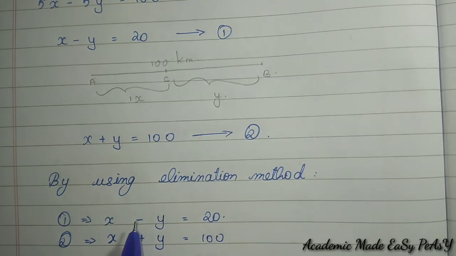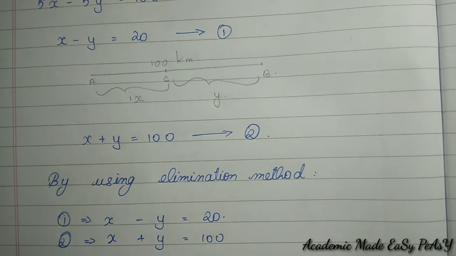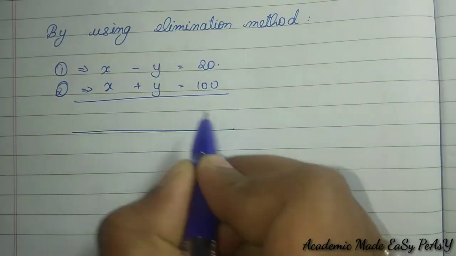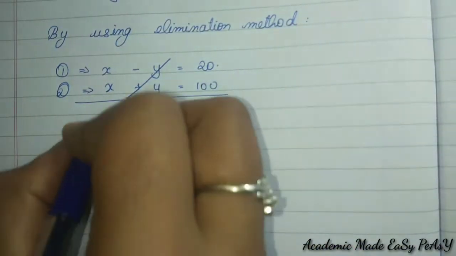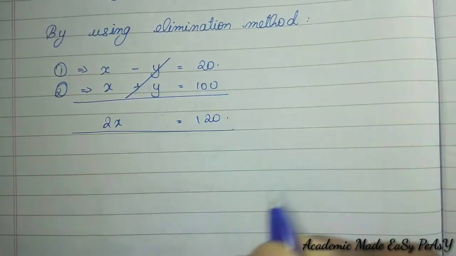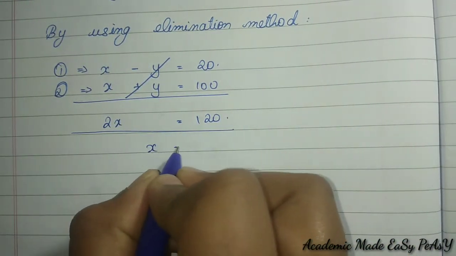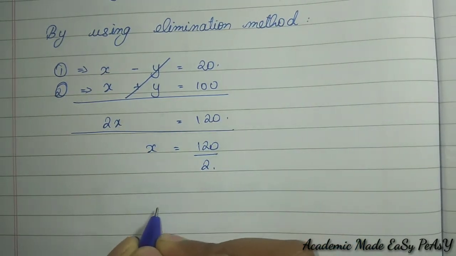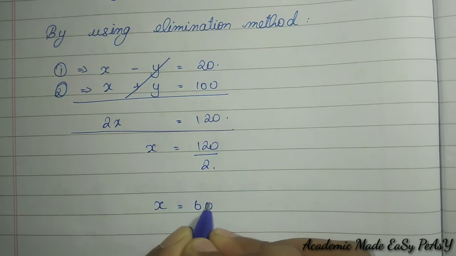Since here it is minus y and plus y, directly I'll just cancel this and find the answer. So I will be cancelling this term, so I will have 2x is equal to 120. So therefore x is equal to 120 divided by 2. So therefore my x is equal to 60.